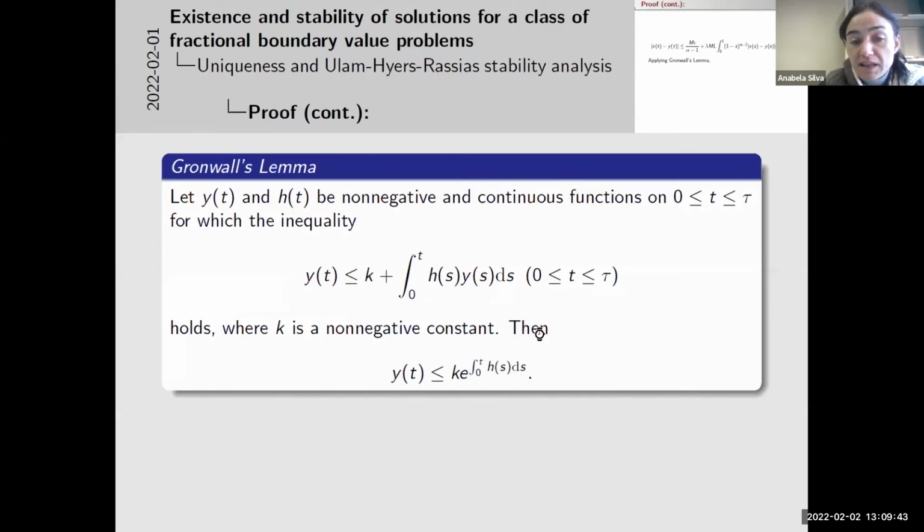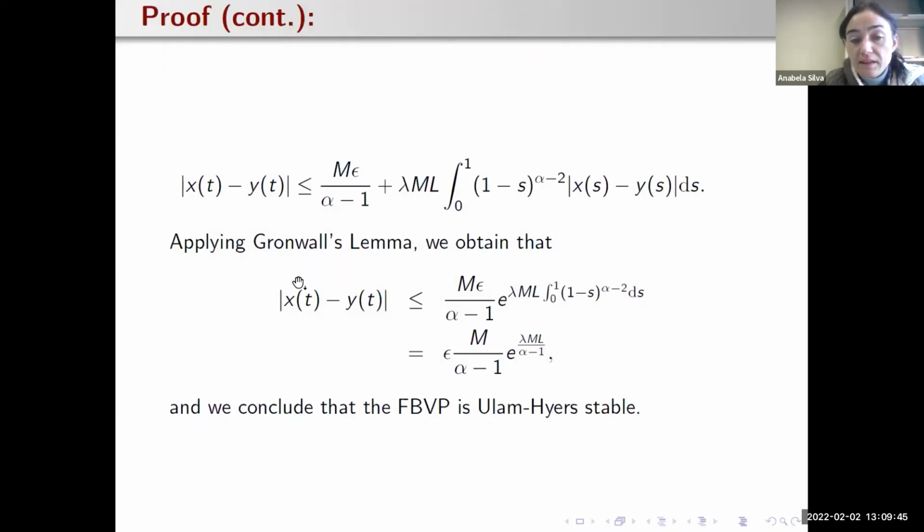So we use the same technique, and we prove that x minus y is less or equal than this exponential, and we have precisely epsilon times another constant. So we conclude that the fractional boundary value problem is Ulam-Hyers stable.